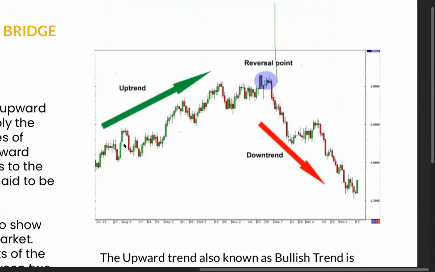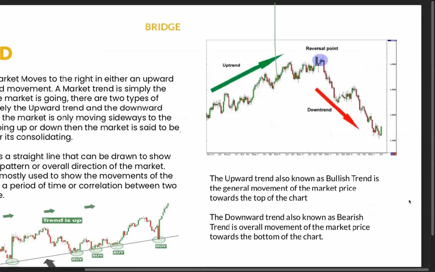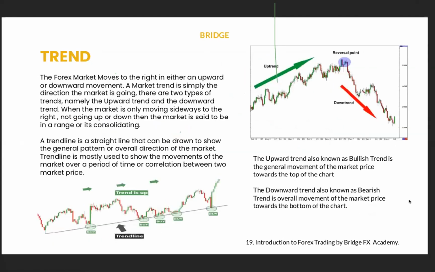Even when they are here, if it is red, it is a bearish candle. And these green candles you are seeing right here, all these are bullish candles. The bulls are trying to take the market back up, but the bears keep pulling it down. So it's safe to say when you are buying, you are a bull, and when you are selling, you are a bear. Okay, that explains trend line, bullish trend, and bearish trend.